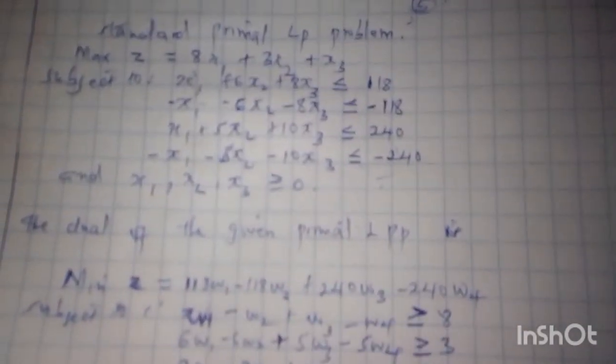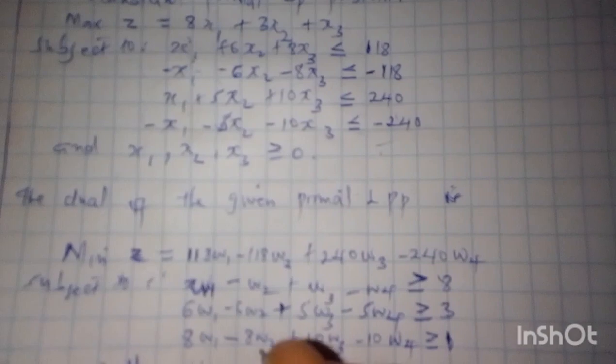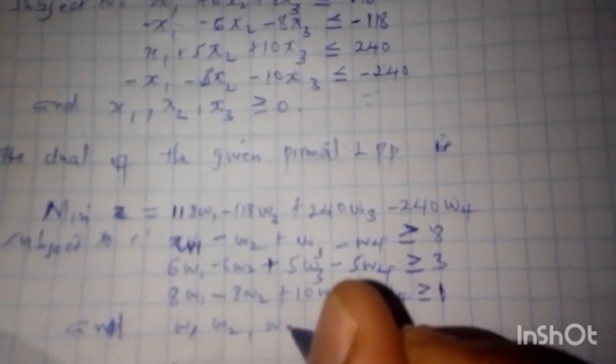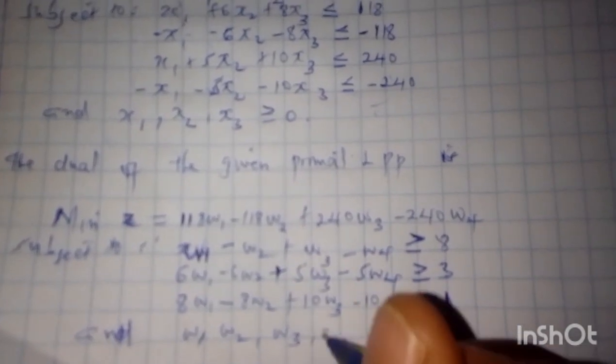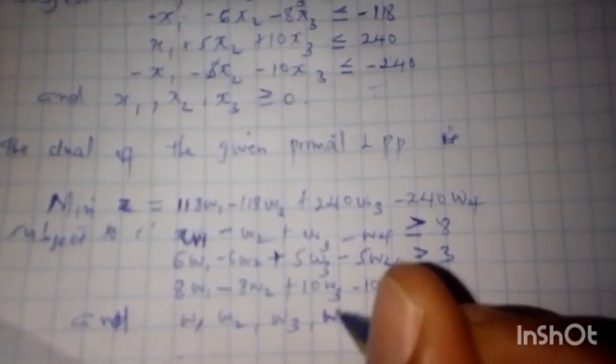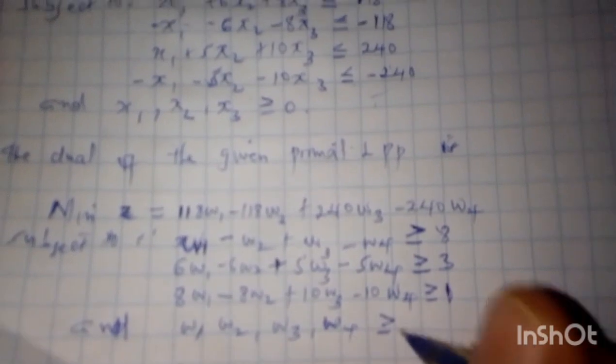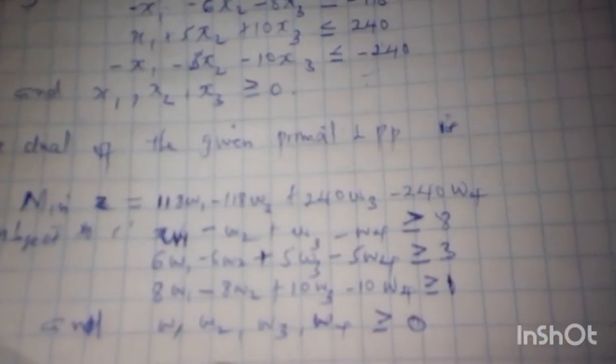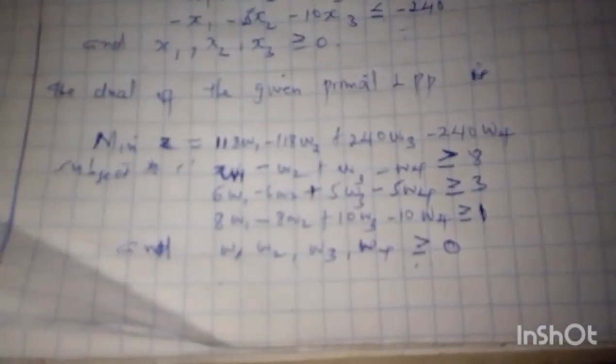Here it's x1, x2, x3. Now we have w1, w2, w3, and w4 is greater than or equals to 0. This one does not change, right? This sign does not change.